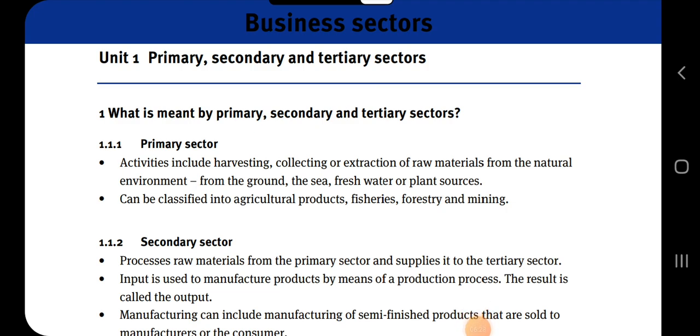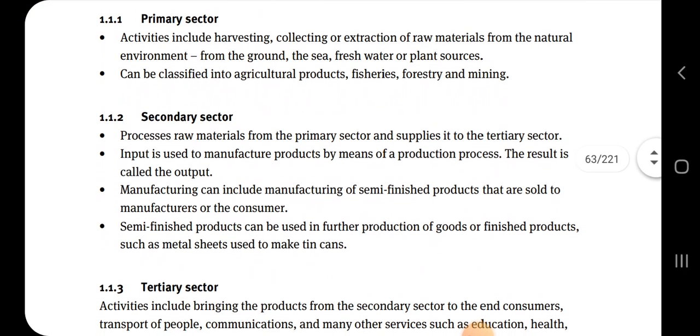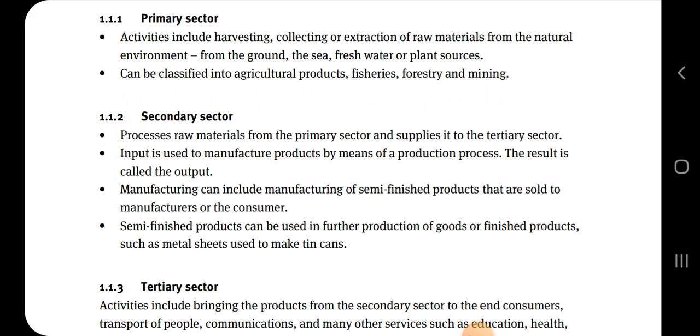So what is meant by primary, secondary, and tertiary sector, as I have stated before, is that activities in the primary sector include harvesting, collecting or extraction of raw material from nature, from natural environments, okay, from the ground, from the sea, from fresh water to plant sources.